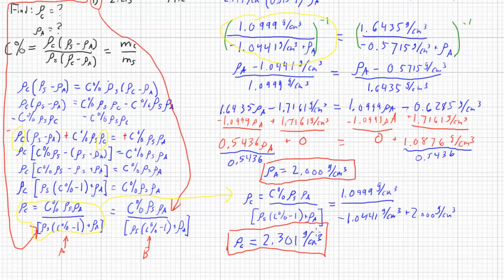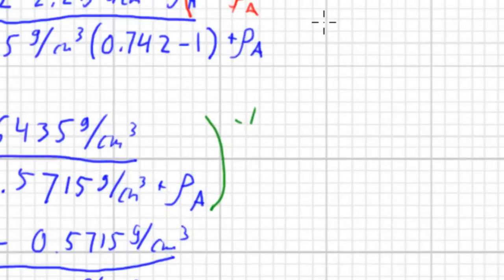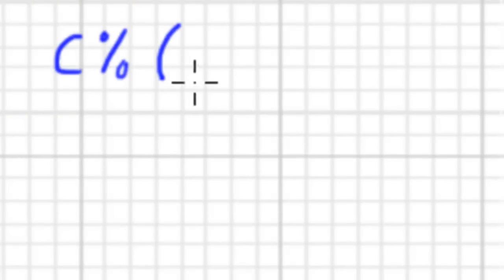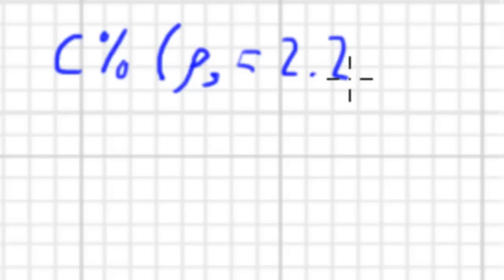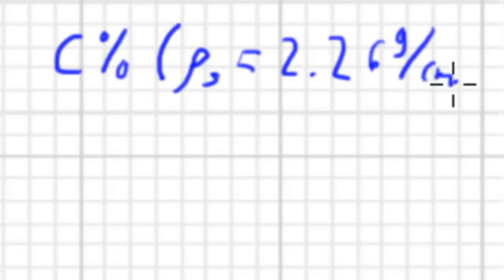Okay. All right, that's the hard part. The next question, which is easy, is what is the percent crystallinity of a sample of the same type of polymer when the density of the sample is 2.26 grams per cubic centimeter.